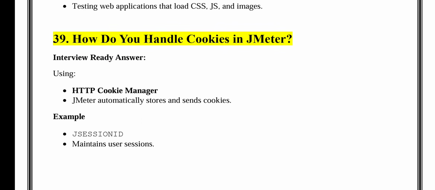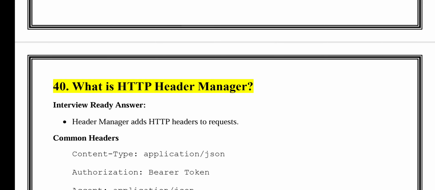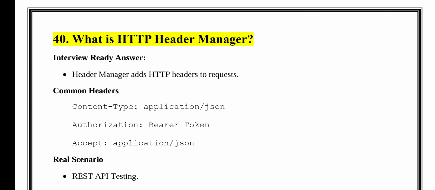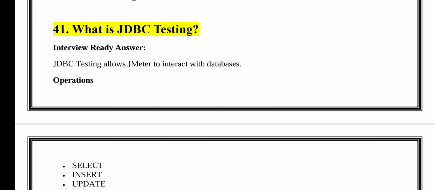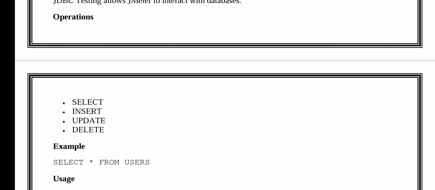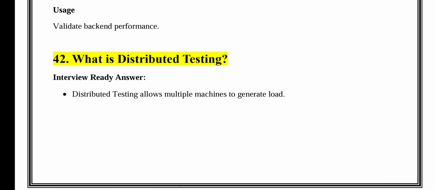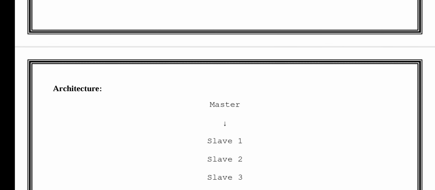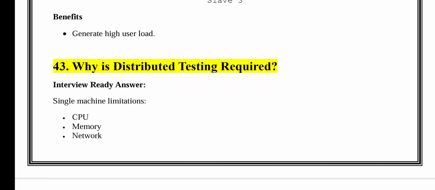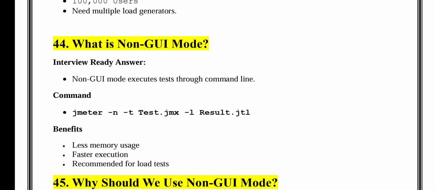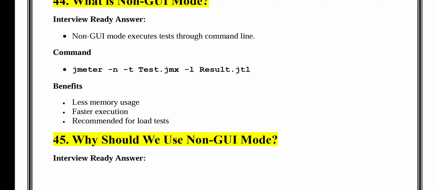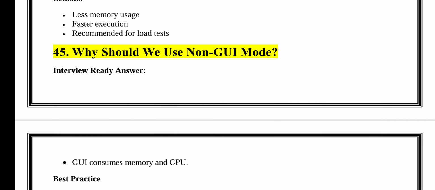How do you handle cookies in JMeter? What is HTTP header manager? What is JDBC testing? What is distributed testing? Why is distributed testing required? What is non-GUI mode? Why should we use non-GUI mode?